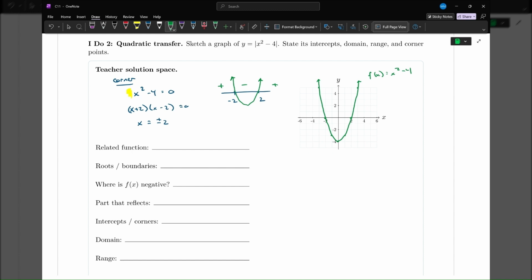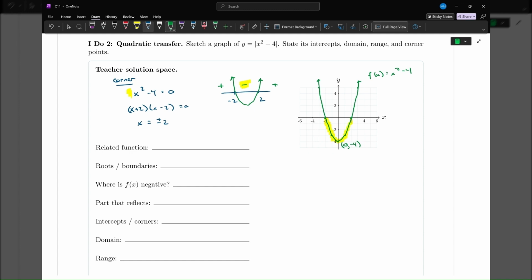But the absolute value is going to say this part needs to flip over. This part on my original curve that was below the axis, I do need to flip over. I'll label that vertex. We're always interested in the vertex. So what our absolute value function is going to say is anybody down here, any negative output, is going to flip, and I'm going to keep the input. The way I like to say that is keep the input, flip the output.